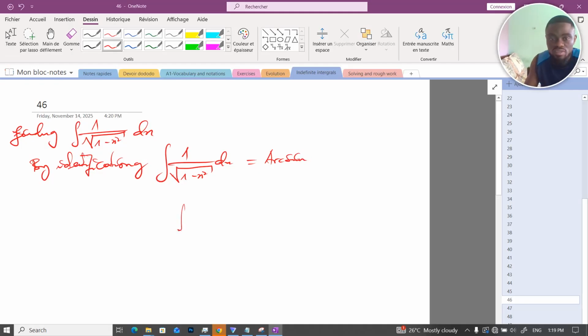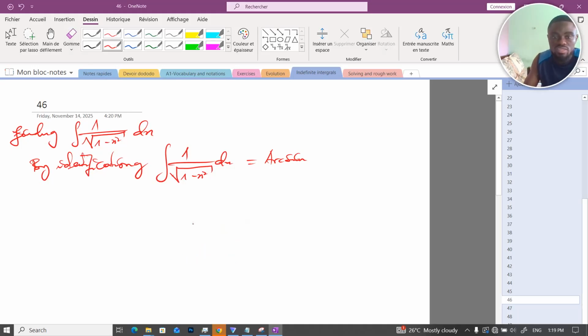If you were instead finding the integral of, let's say, 1 all over 1 minus x plus 1 squared, naturally you will let sine theta be equal to x plus 1, and you integrate and proceed as we usually do. You understand? So it's very important for you to take note of that.